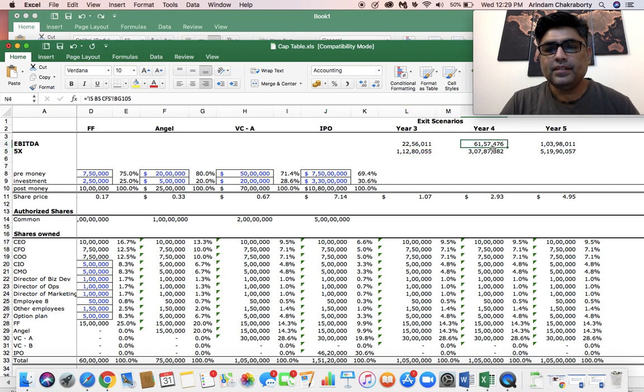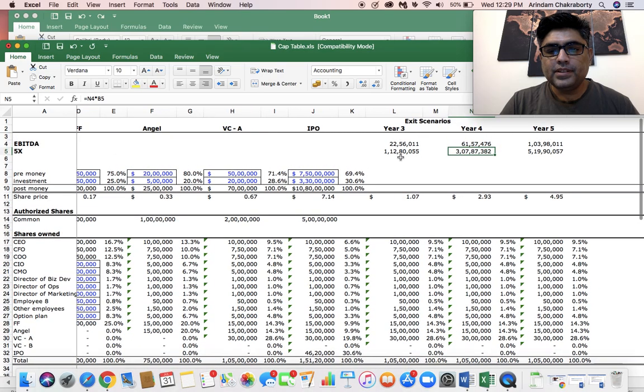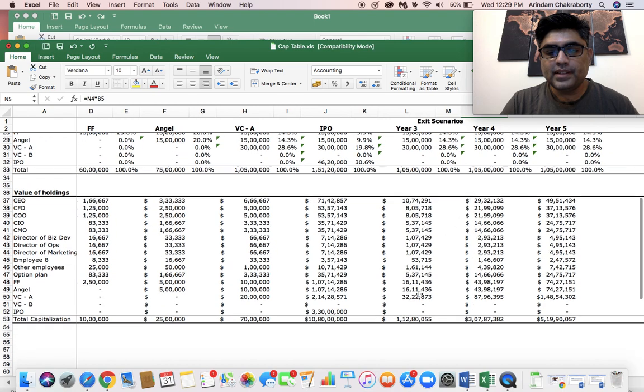In a similar manner, 5x for year 4, where EBITDA is 61,57,476, the 5x multiple is 3,07,87,382. Right? In a similar manner, year 5 is computed. So the same figure gets to be 3,07 lakhs. This figure gets to be similar to what is over here, right?